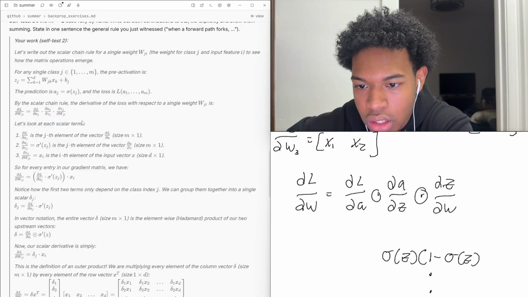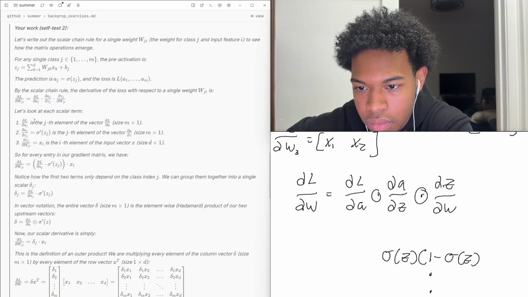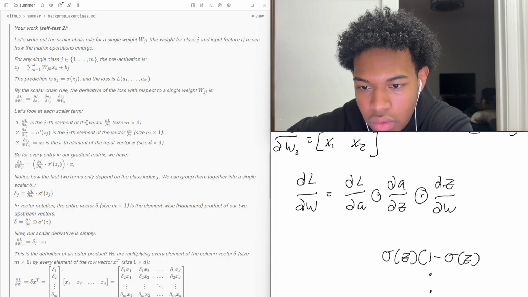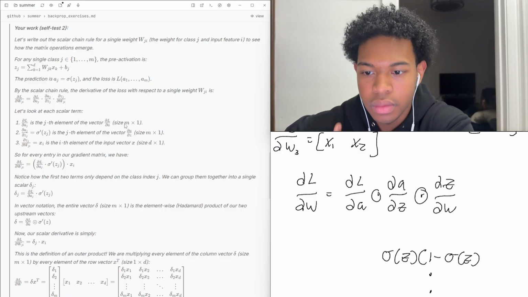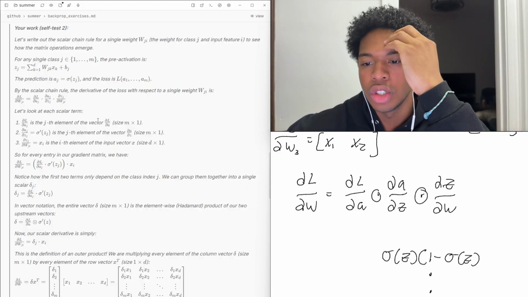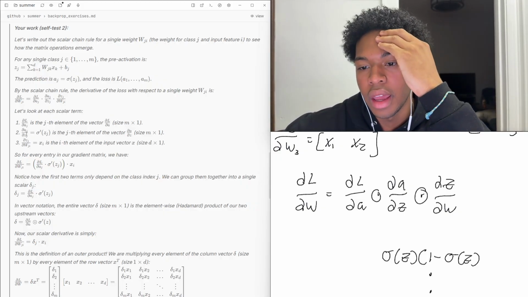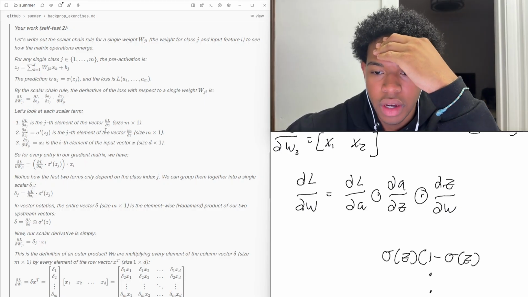Let's look at each scalar term. The derivative of L with respect to a_j is the jth element of the vector, which is m by 1. And then the derivative of a with respect to z is the jth element of the vector.